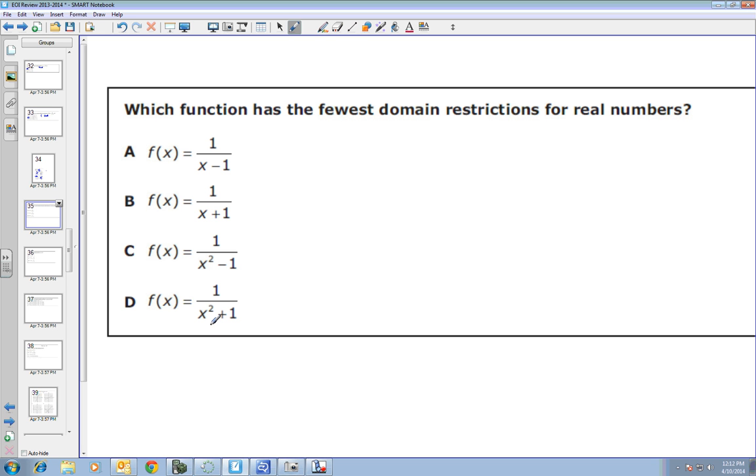So I want everyone to do that. It'll take a little bit. It doesn't take very long. Okay, so graph A, graph B, graph C, and then pick the one that has the fewest amount of vertical asymptotes or the fewest breaks in your graph.